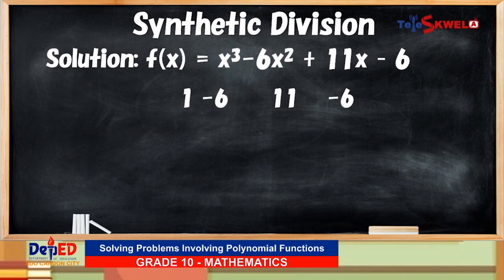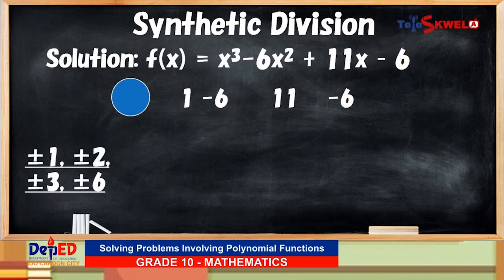Then, let us choose our trial divisor from the factors of the constant term negative 6, which are positive negative 1, positive negative 2, positive negative 3, and positive negative 6. Let us try positive 1 as our trial divisor.